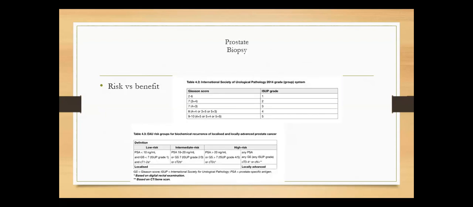For the purpose of this talk, we'll use the International Society of Urological Pathology grade 2 to 5 to signify clinically significant prostate cancer. Take note that this will entail the intermediate risk and high risk population when it comes to prostate cancer.